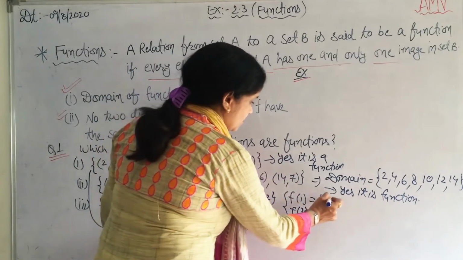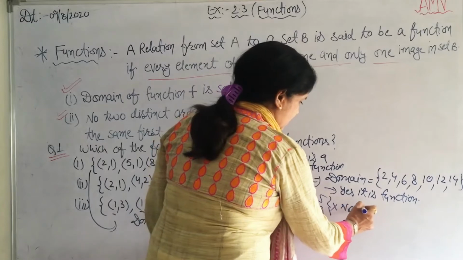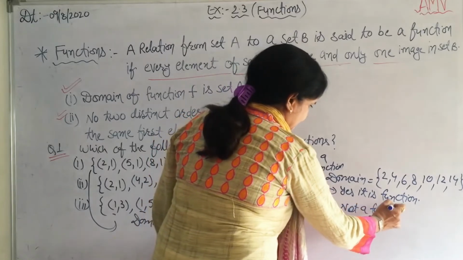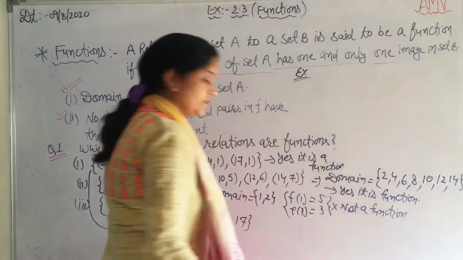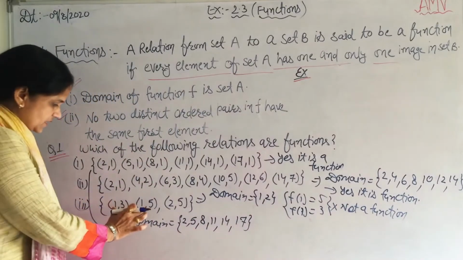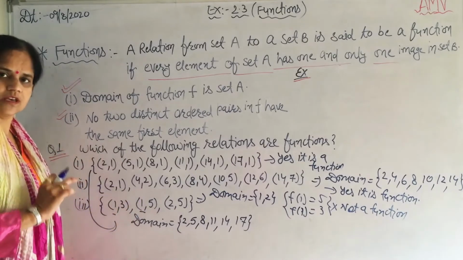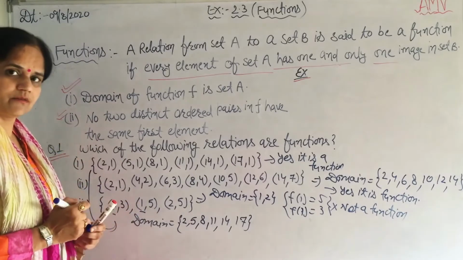So it's not a function. Okay, so you have to write not a function, since the first element of these two ordered pairs is the same. Okay. So it is not a function.